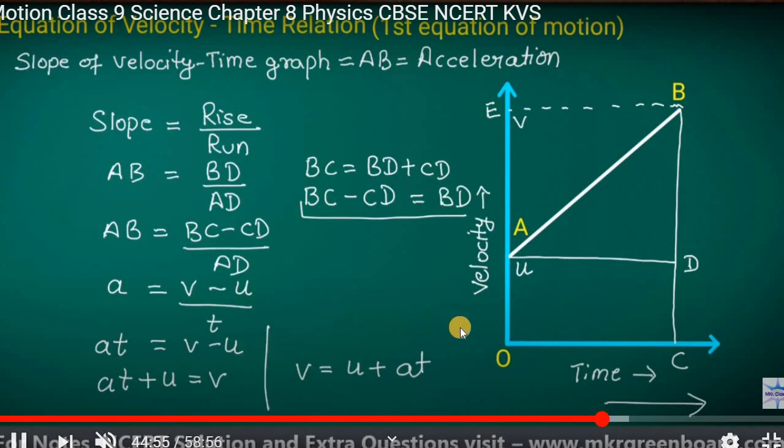So this is our final formula. So we get the first equation, V is equal to U plus AT. This is called the graphical representation of this equation of velocity versus time relation, and it is the first equation of motion.